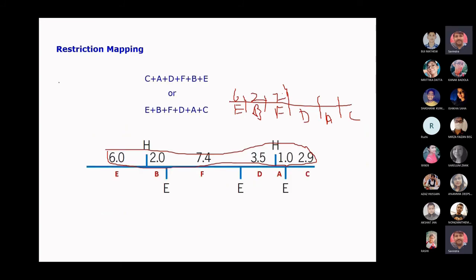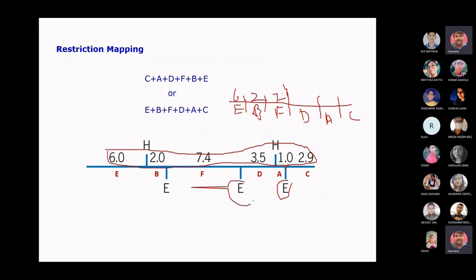So first of all, E carbon हमारा कहाँ होना चाहिए था, C के पास होना चाहिए था. तो after C we have a restriction site of E. Yes or no? Yes, sir. So that's why we mark E over here. Then we have A and D. After A and D means A and D के बीच में नहीं है, after A and D है.